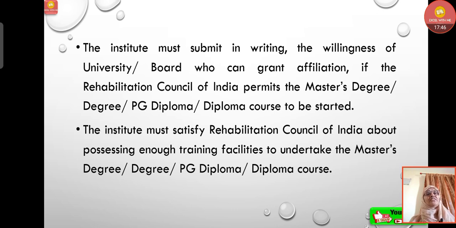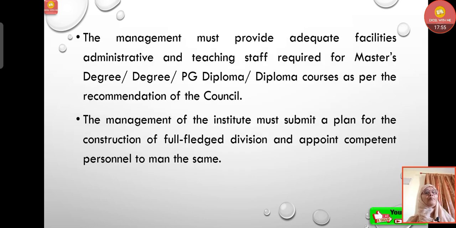Now the institute must satisfy RCI about possessing enough training facilities to undertake the master's degree or PG diploma or diploma course. The management must provide adequate facilities, administrative and teaching staff required for these courses as per the recommendation of the council.